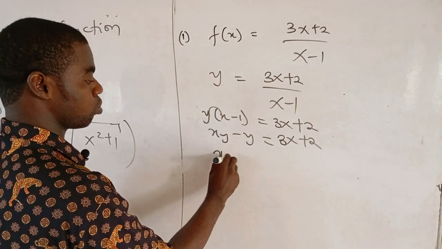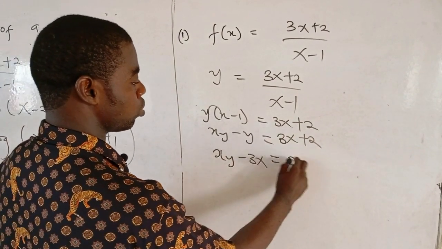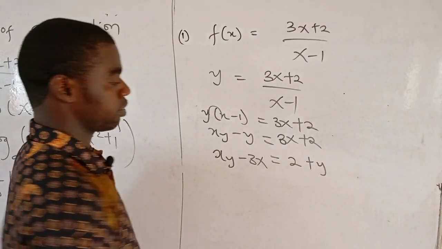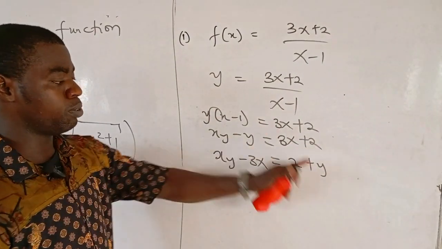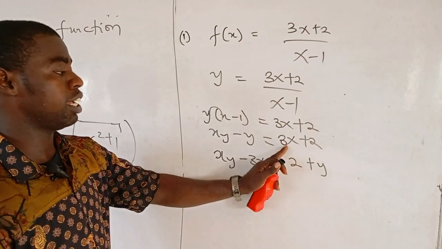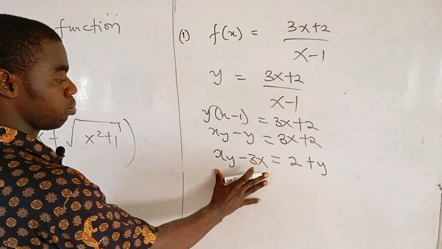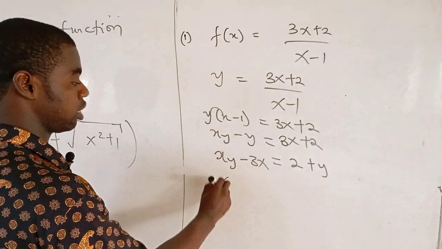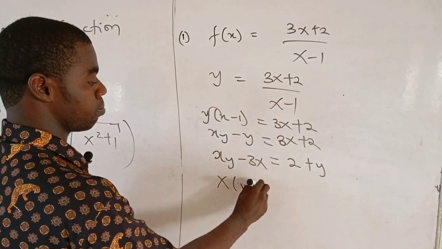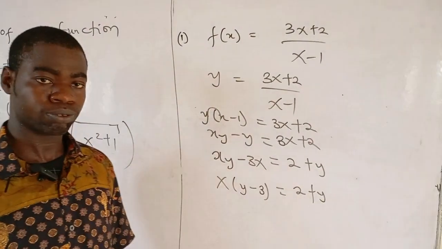So this becomes xy minus 3x equal to 2 plus y, right? Moving the y across the equality sign, from negative it becomes positive, and the 3x across the equality sign, from positive it becomes negative. We can factorize here. So this is x into y minus 3 equal to 2 plus y.